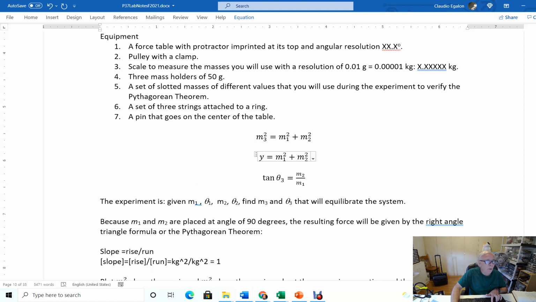M3 squared is going to be your y, M2 squared is going to be your x. M1 squared remains constant throughout the whole experiment. So you are supposed to get a straight line with a slope of 1 and an intercept that's equal to M1 squared. That's your first graph.